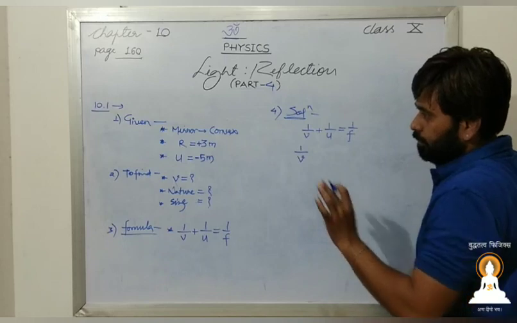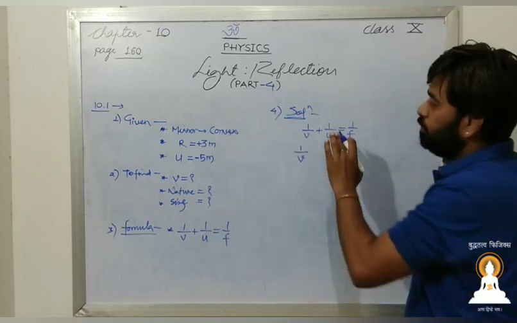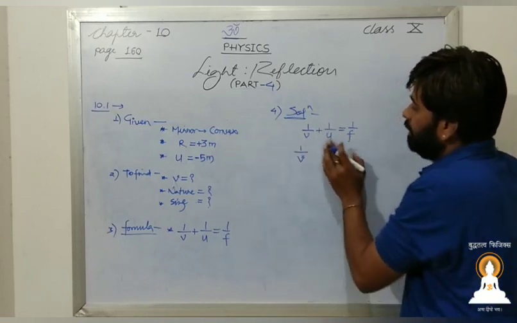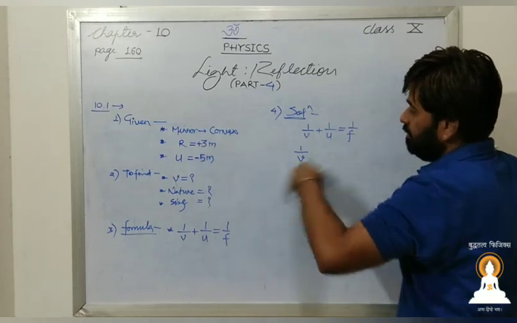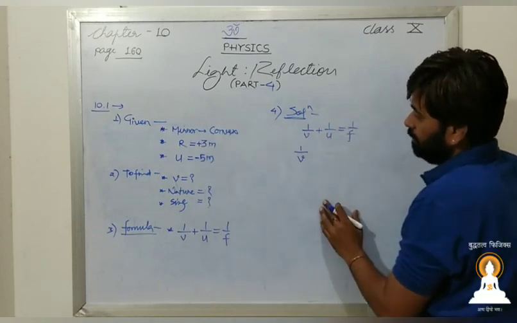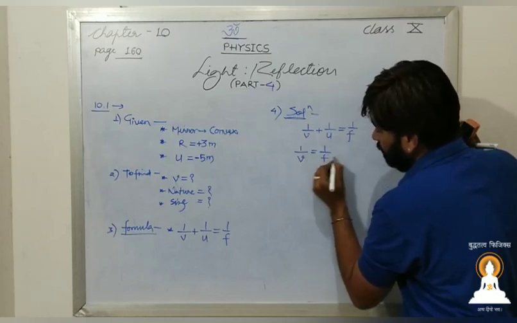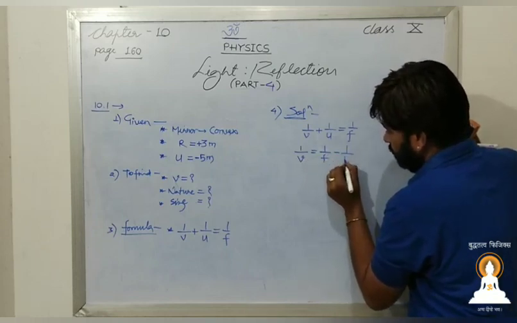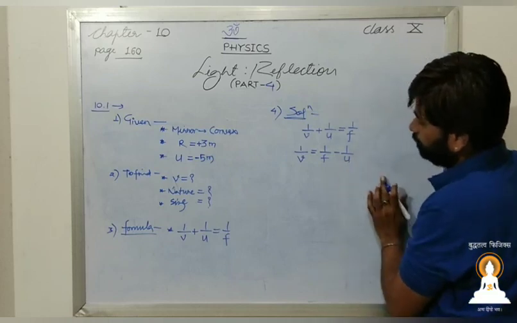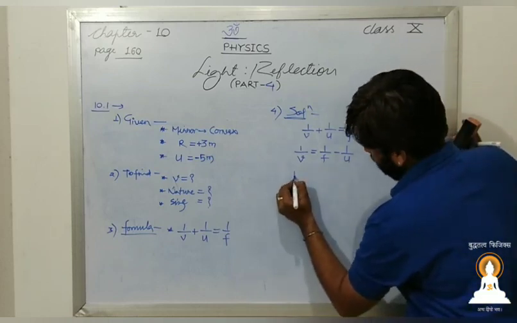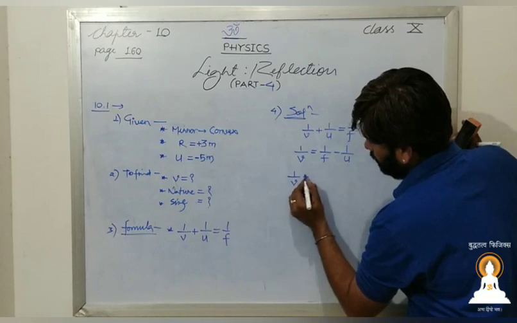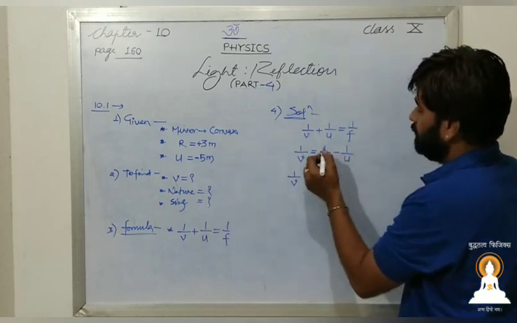After that, you put the numerical values. Before that, don't put the numerical values, otherwise the negative positive signs and the whole thing will be disturbed, and we might be in trouble. So 1 upon f minus 1 upon u. Simple. Now 1 upon v is on one side and the rest of the things are on the other side.